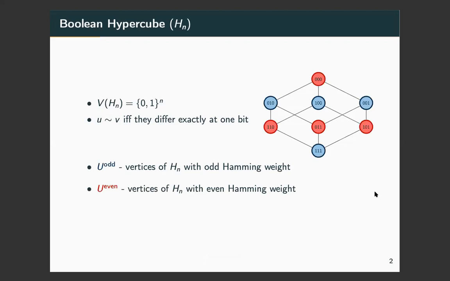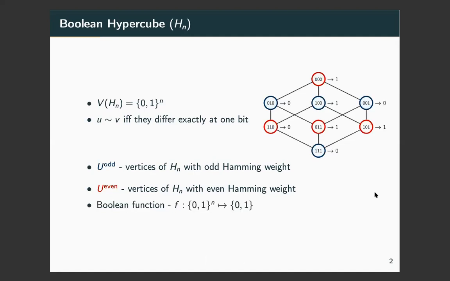We denote the set of vertices with odd Hamming weight, that is, vertices labeled by strings with an odd number of ones, by U odd. Similarly, we denote the set of vertices which correspond to strings with an even Hamming weight by U even. The hypercube is a bipartite graph with one part being odd vertices colored blue and the other being even vertices colored red.